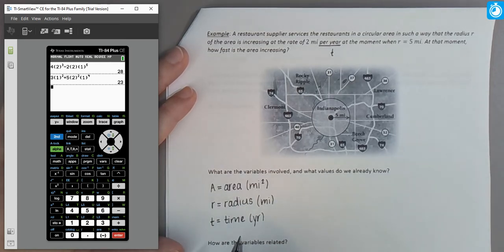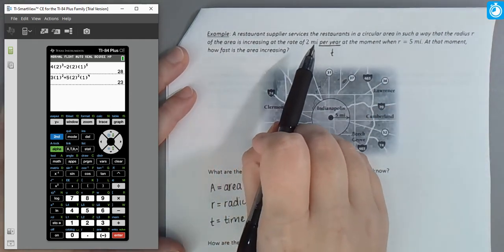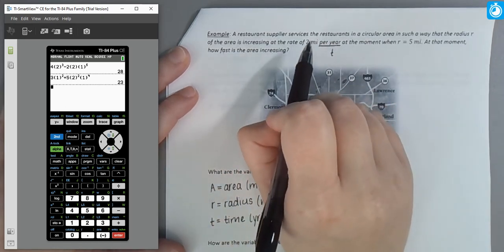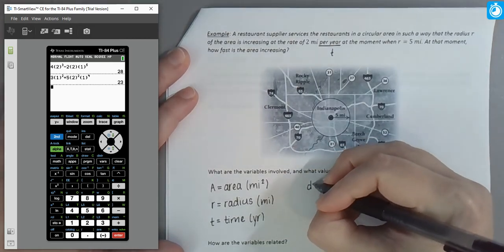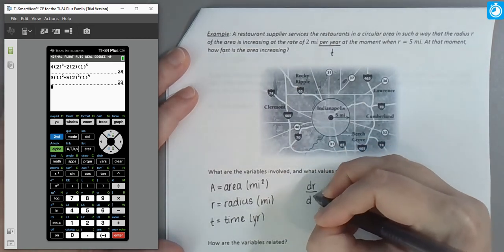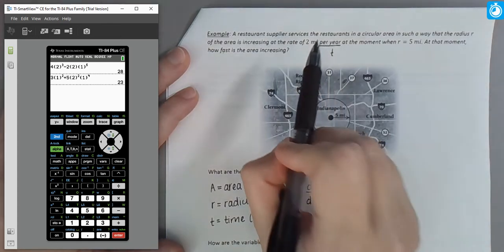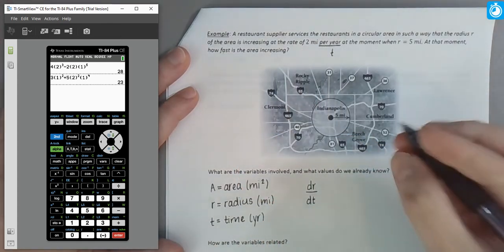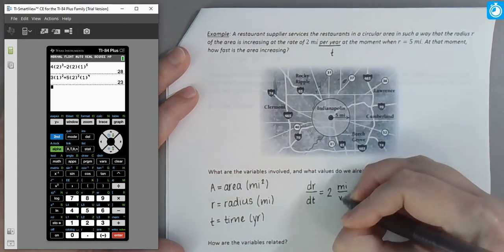What do we already know? What do we want to know? Well, we've been told the radius is changing at a rate of 2 miles per year. So that's distance related to time. That's telling us how the radius is changing as time is changing. So we would call that dr/dt, the change in the radius with respect to time. So we've been told that the change of the radius with respect to time is equal to 2 miles per year.